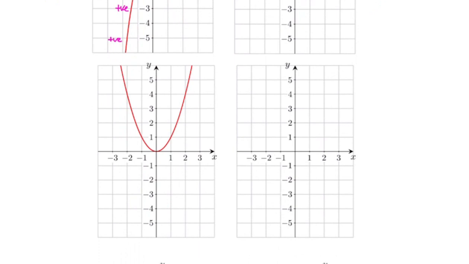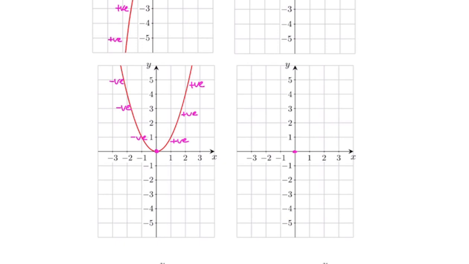This one, you can see that at this point here the gradient is 0, so I'll mark that. So when x is 0, x on this side is 0. And here, this is positive, positive, positive, but it's getting more and more positive. And this, of course, is negative, negative, negative.